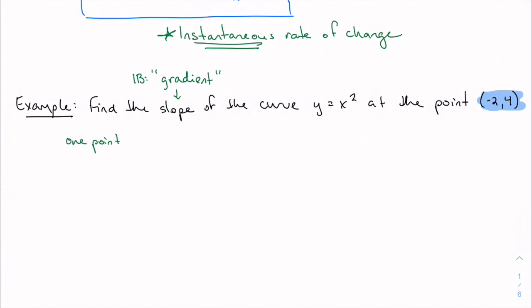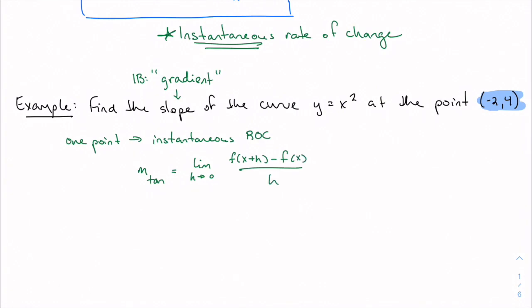This is an instantaneous rate of change, which means I want to use my slope of the tangent line. So the limit as h approaches 0. We'll just write it out in general first: f of x plus h minus f of x, divided by h.